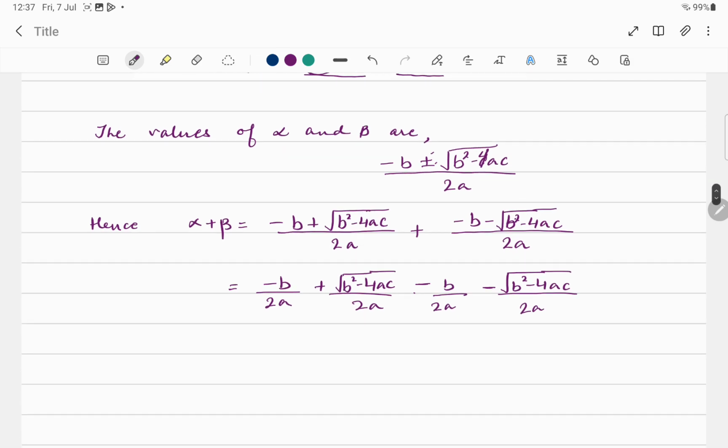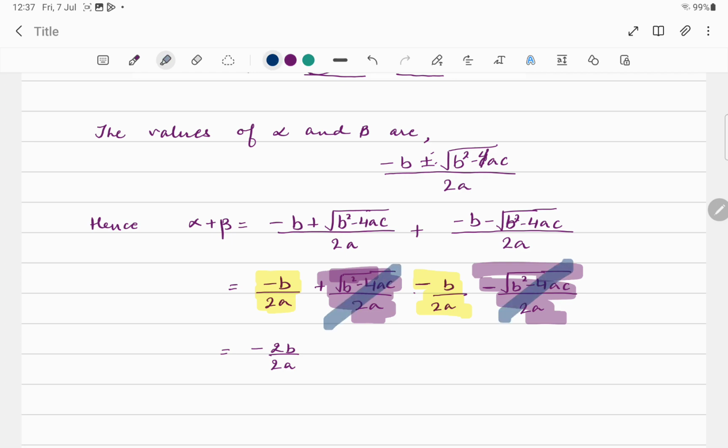So here we can see that we have minus b over 2a and minus b over 2a, which are the same. So we can write them as minus 2b over 2a, right? And the other one, we have plus square root of b square minus 4ac over 2a and minus the same term, and that can cancel each other.